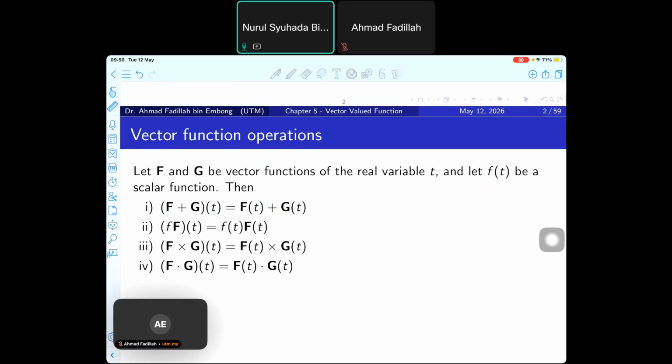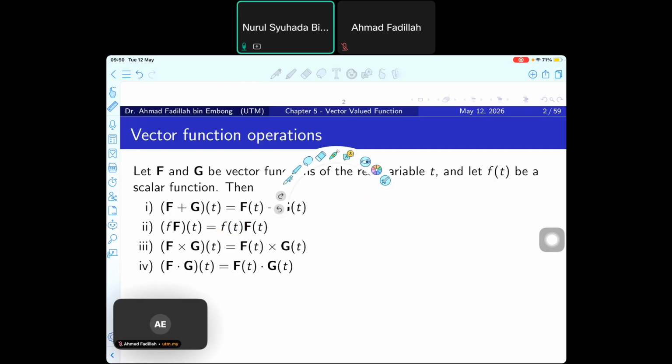Next, we have multiplication of a vector with a function f. You can multiply each of the components with the function f one by one.